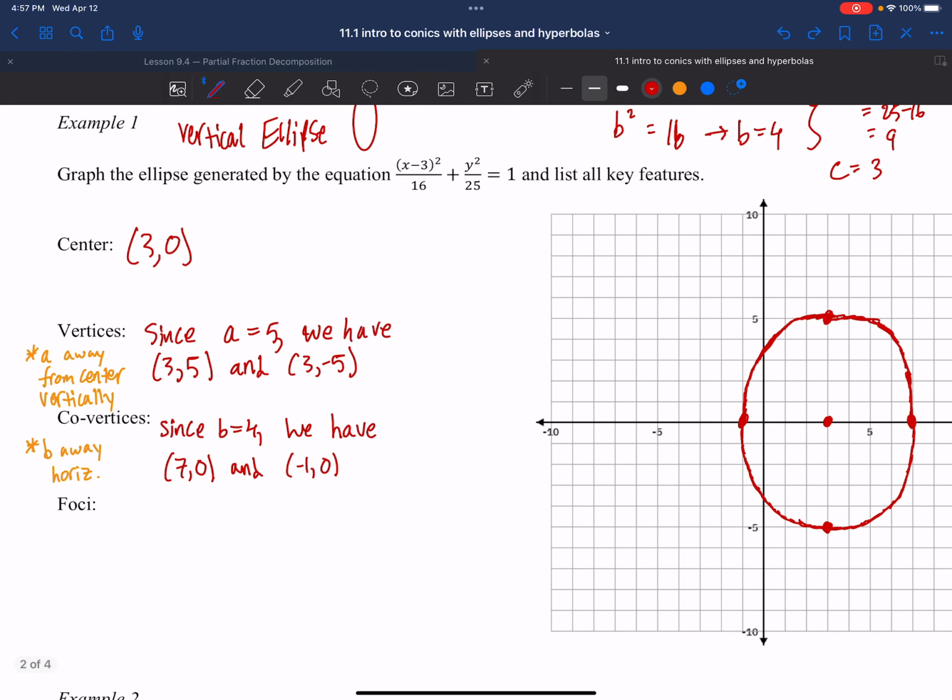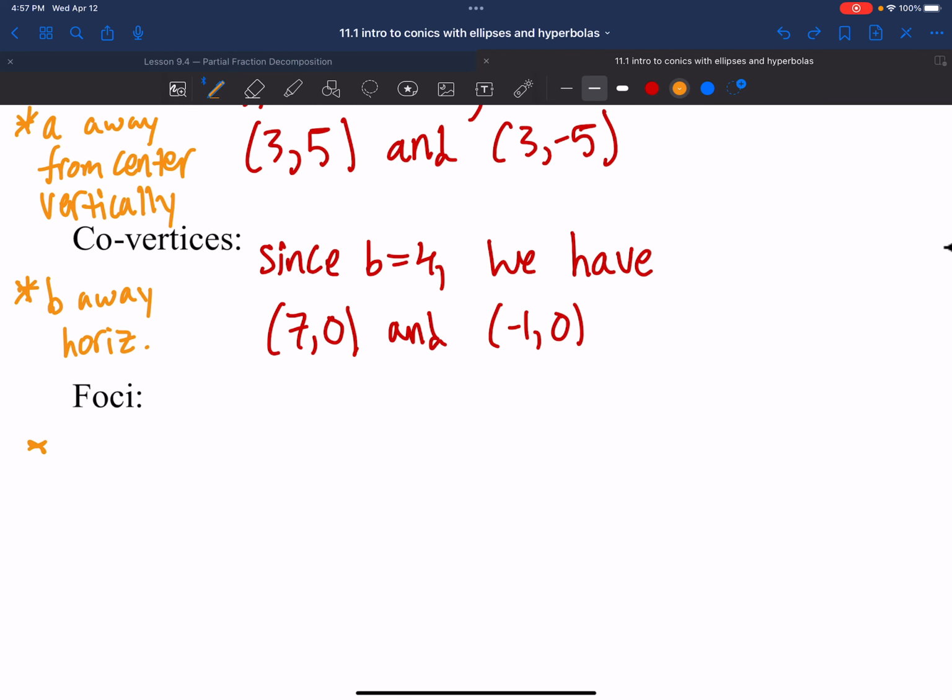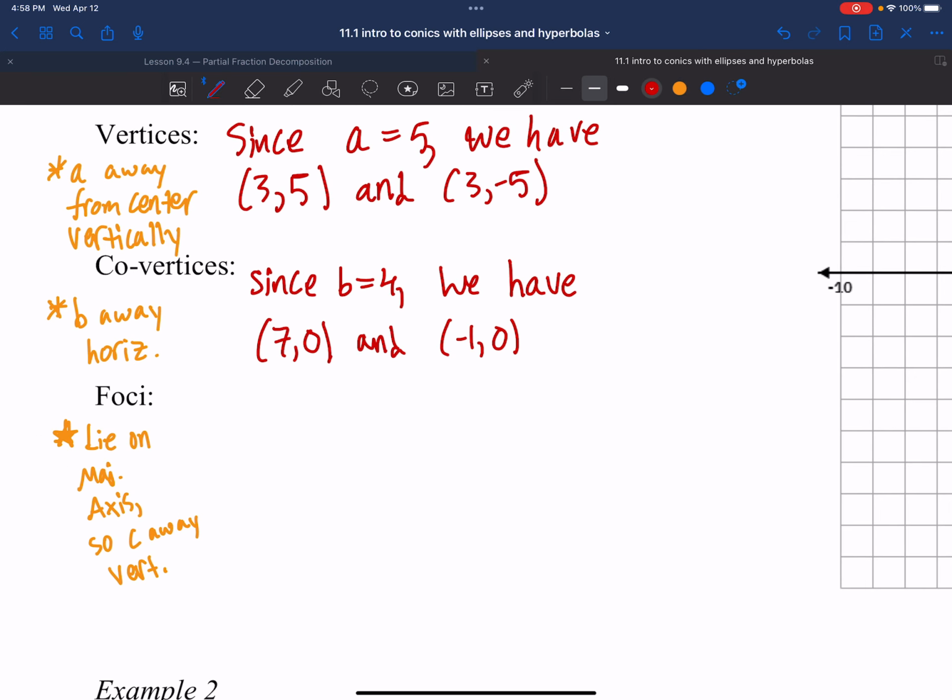All right, and then the foci, the foci also lie on the major axis, right? So you can say these lie on the major axis. So C away vertically, because the major axis was vertical, right?